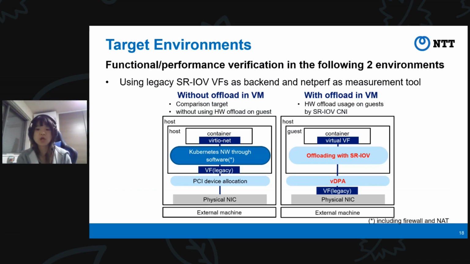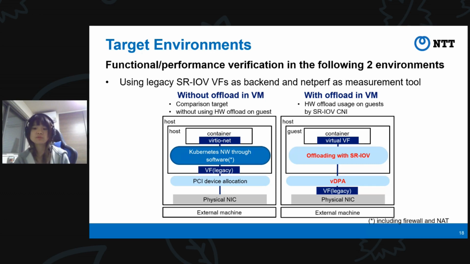These figures show the target environments. We used legacy SR-IOV VFs as backend and netperf as the measurement tool in both environments. The left figure is the comparison target without offload in VM.